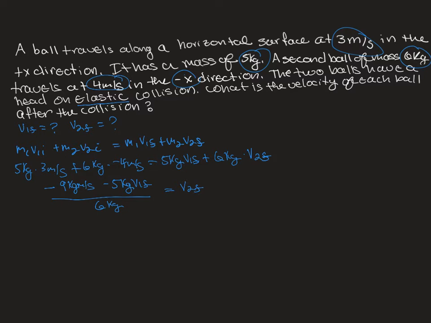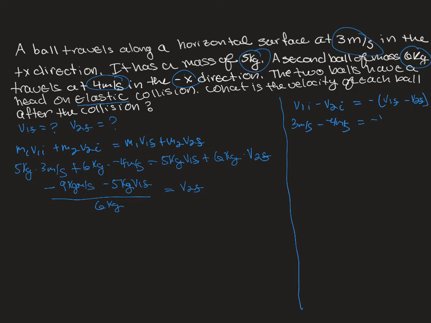Now let's turn to our second option for our elastic collision. So we're going to use V1 initial minus V2 initial equals a negative times the quantity V1F minus V2F. Alright, so V1 initial is 3 meters per second minus a negative 4 meters per second.